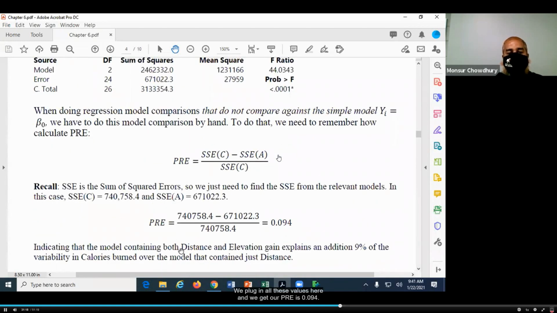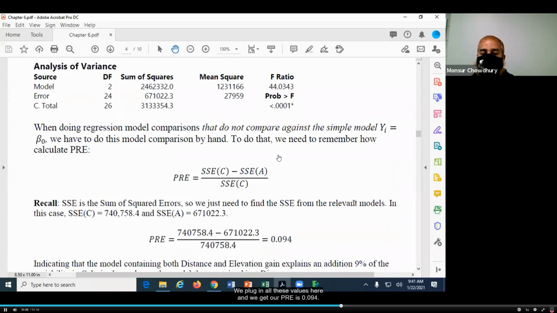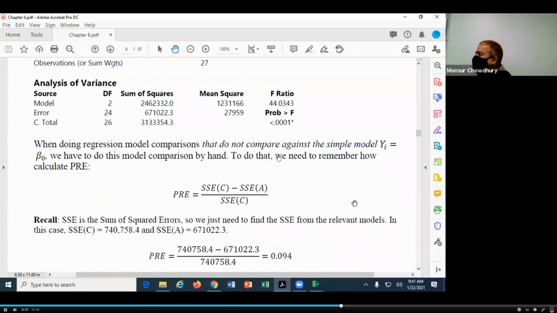So we plug in all these values here and we get our PRE is 0.094. So when we add the two predictors, we can see that we only reduce 9% of the error.